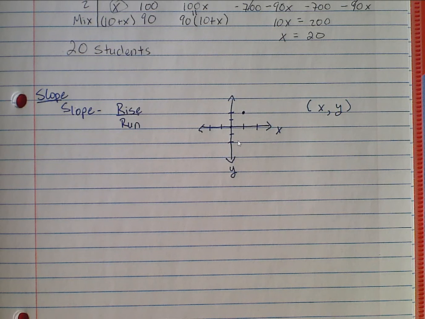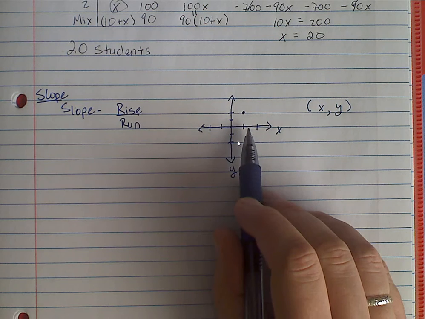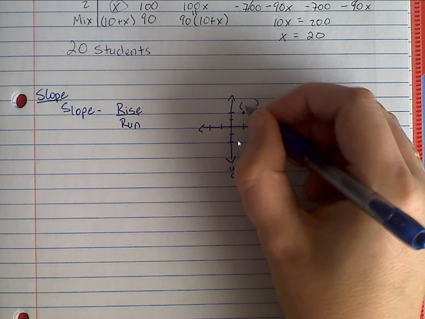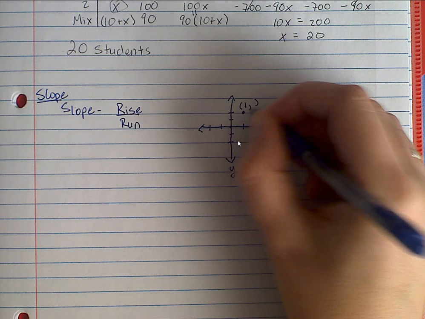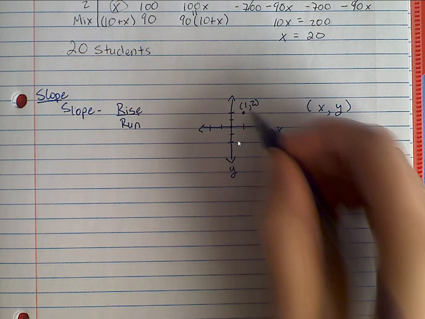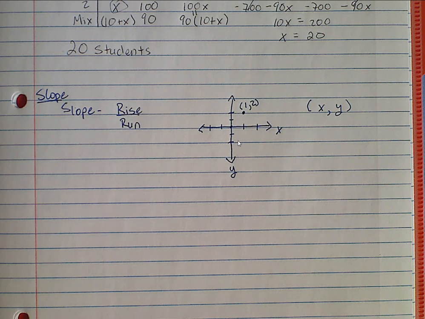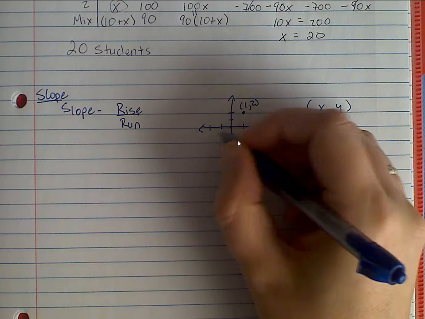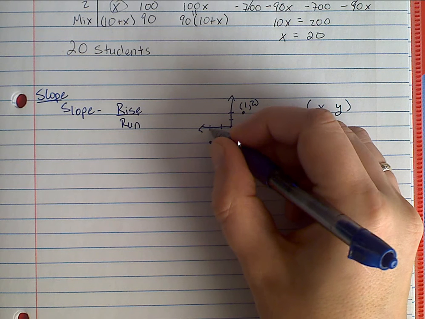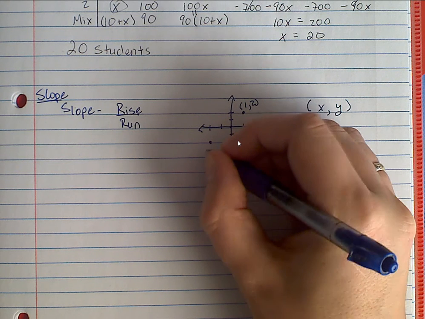If I wanted to label this as an xy coordinate, it's 1, 2. So it's 1 to the right, 2 up. You guys remember this? Awesome. And if I put a point over here, 2 spaces left, 2 spaces down, what would that be?